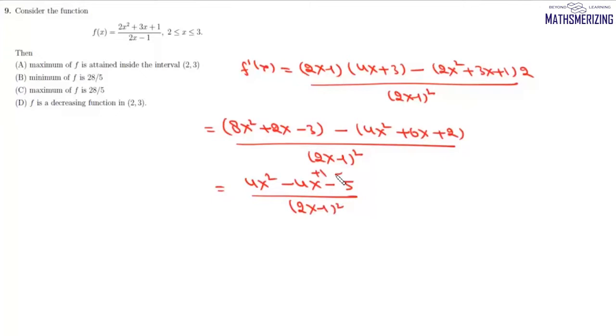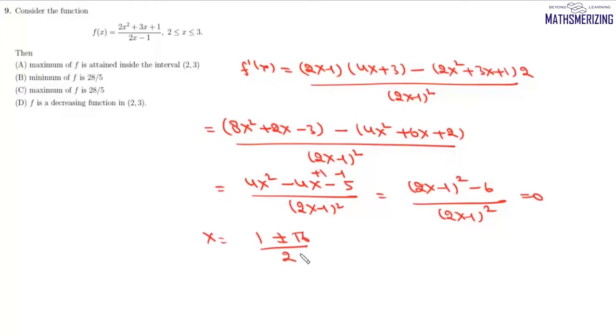Now, if we add 1 and subtract 1, we can write 2x minus 1 whole square minus 6 upon 2x minus 1 whole square. Now we put it equal to 0, we'll get x as 1 plus minus under root 6 upon 2.